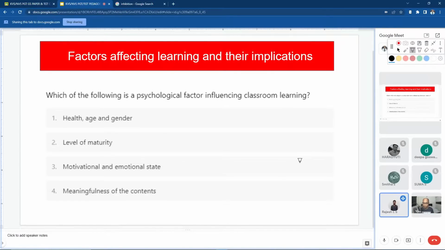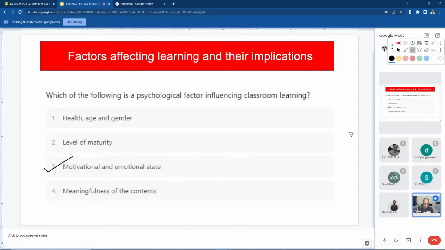Health, age, and gender are physical factors. Sir, level of maturity, right? Okay, the right answer for this question is motivational and emotional state. These are the psychological factors which influence classroom learning.